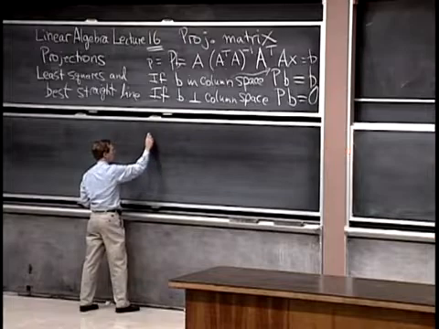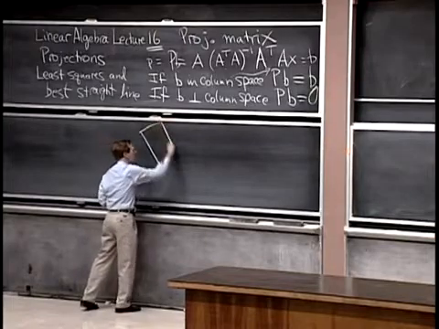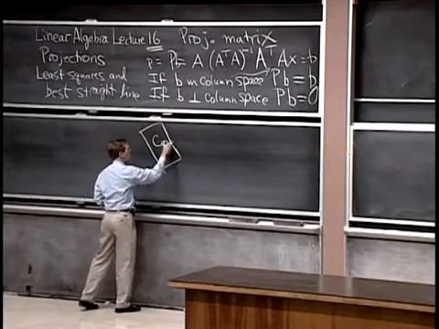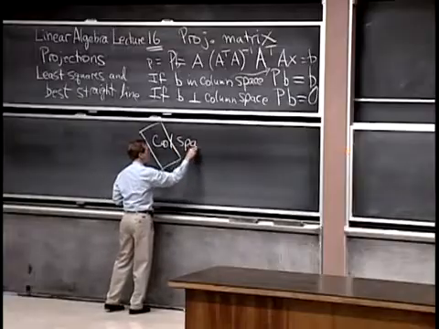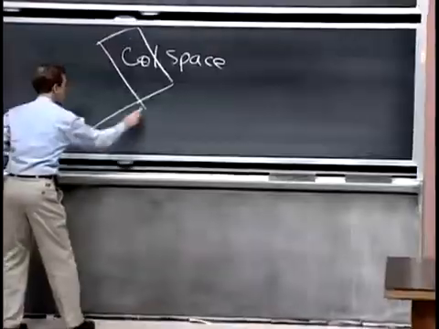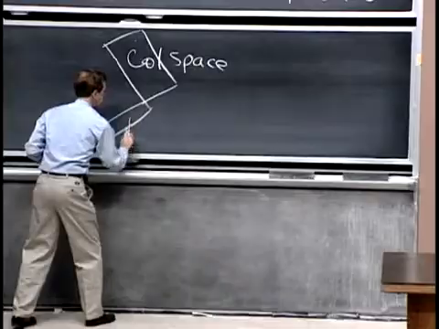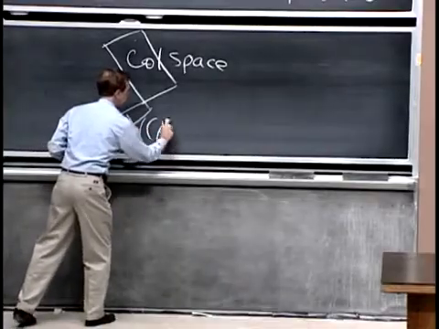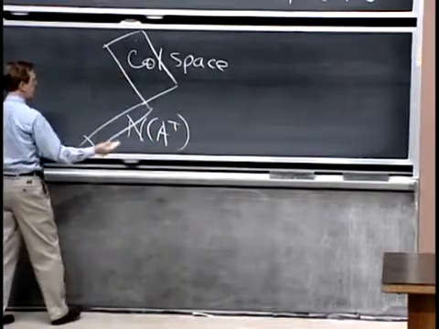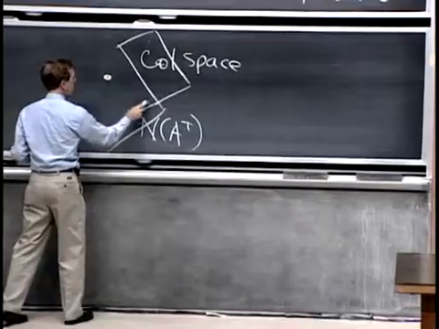We've got the column space, and perpendicular to that is the null space of A transpose. And our typical vector B is out here.